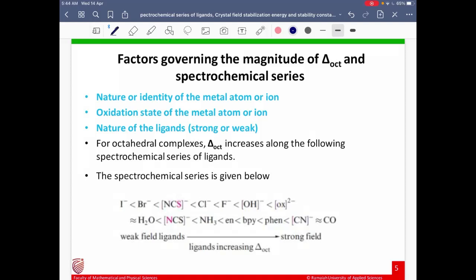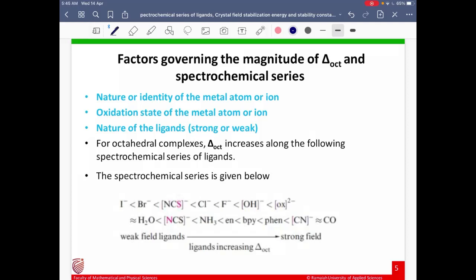Now, factors governing the magnitude of delta octahedral and the spectrochemical series. First, the nature or identity of the metal atom or ion. Second, the oxidation state of the metal atom or ion. Third, the nature of the ligands, whether they are strong or weak.